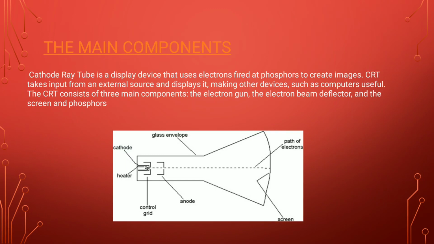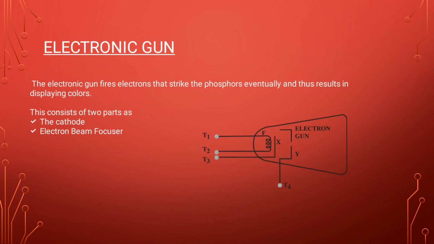And then coming to electron beam deflection, as we can see, there is a straight electron beam line which is passing, that's called the electron beam deflection. And the screen which is in front of the CRT, and the phosphor.